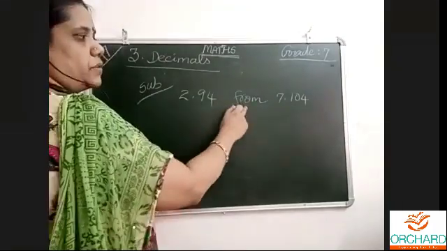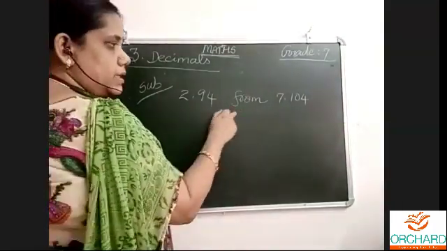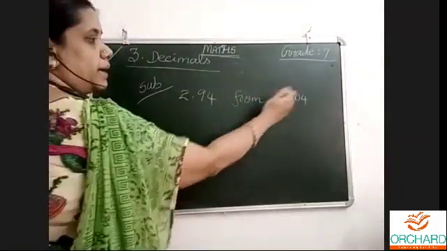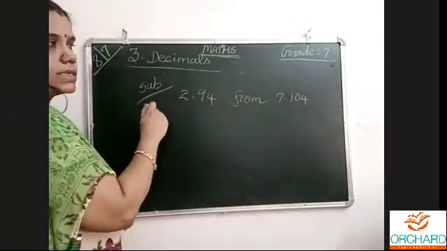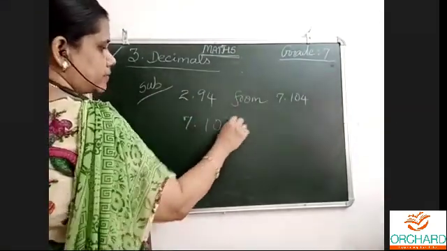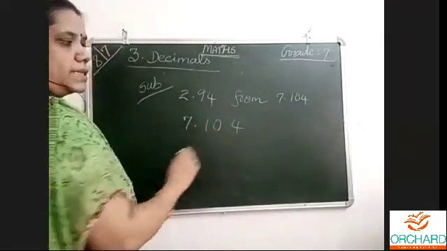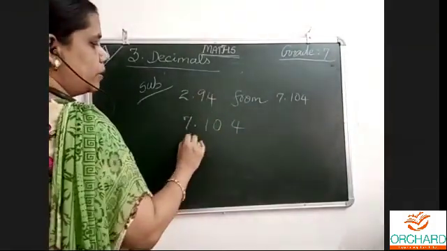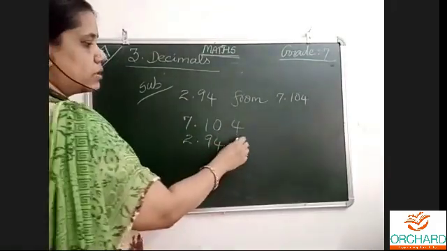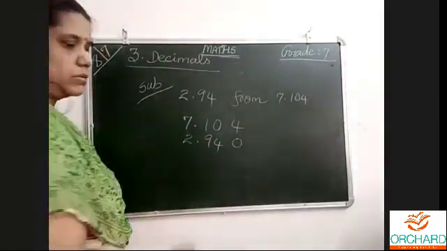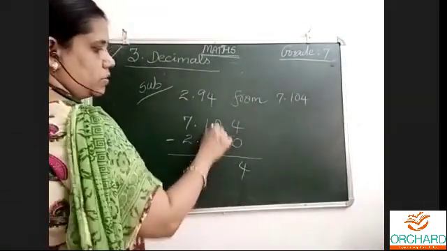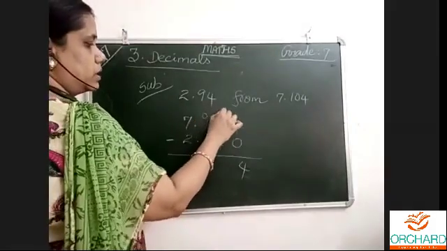Now subtraction. Whenever 'from' a number is mentioned, the second number we have to subtract from it. Sub means subtract. So I must write this number first, leaving a little bit of place. Then 2.94, I wrote 2.94. Where it is not there, put a 0. Minus, write like this. Here 0 won't go, so 10, 6.